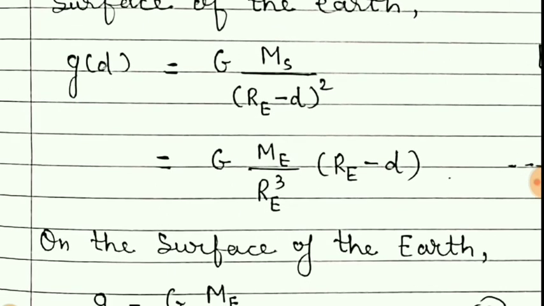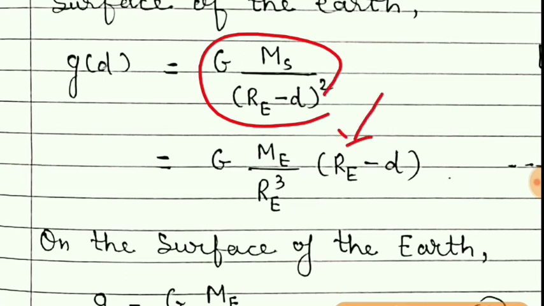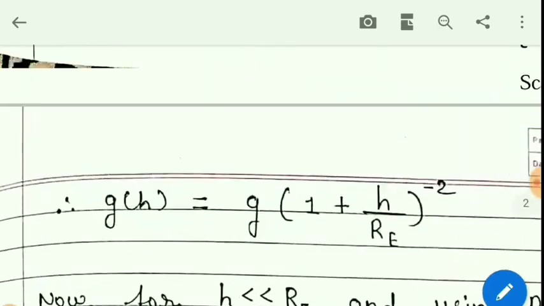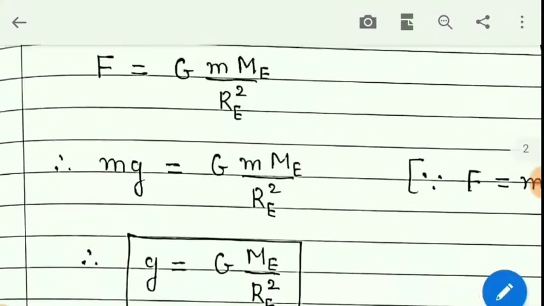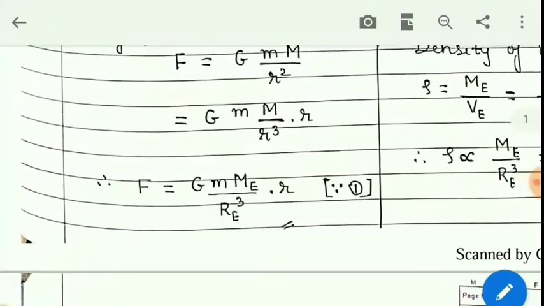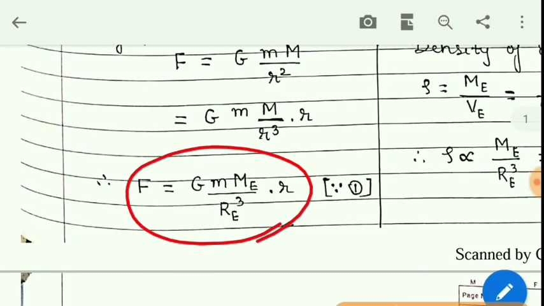Now, next step, we can write this as this that I have shown you. Here you can see in terms of the mass of the earth we can write in this way. If we want this formula in terms of g, then simply don't consider m, so it is G times the mass of the earth, the radius of the earth and the distance.